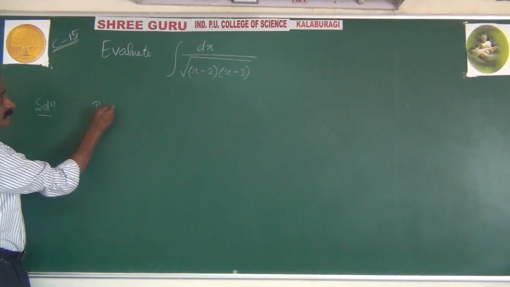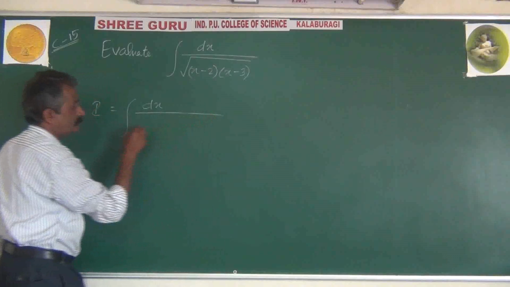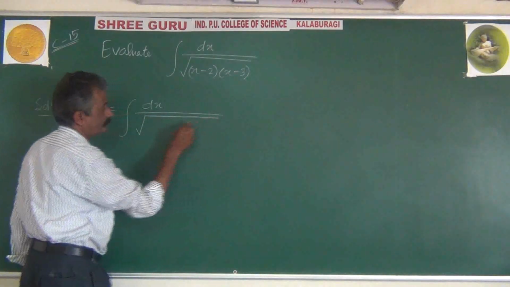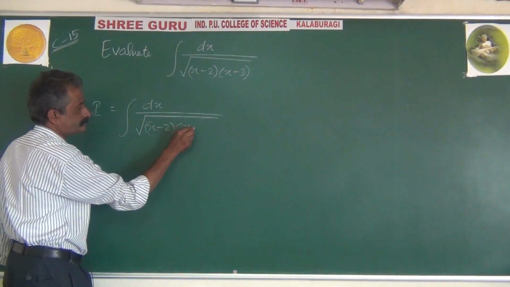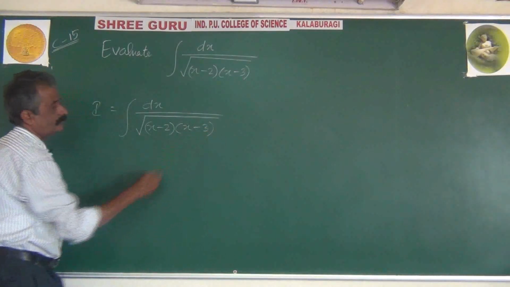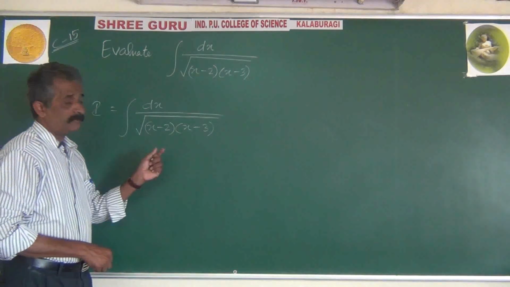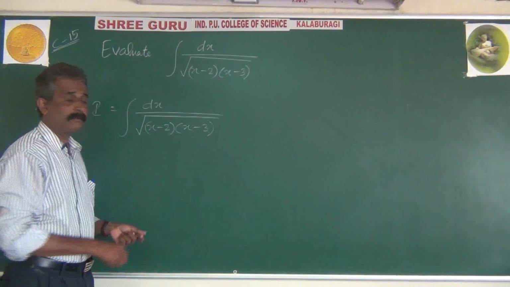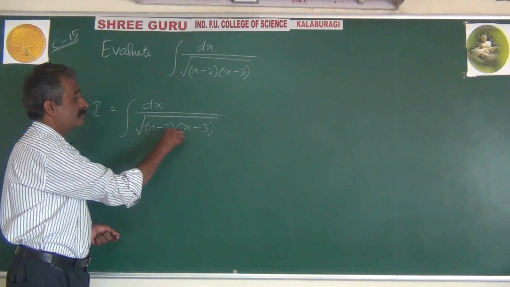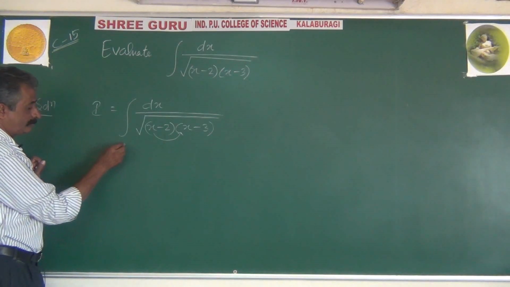Let I equal the integration of dx divided by the square root of (x minus 2) into (x minus 3). Right now, it is not in the form of a quadratic expression, but we can bring it to that form after opening these two brackets. So let's multiply the bracketed quantities under the square root.